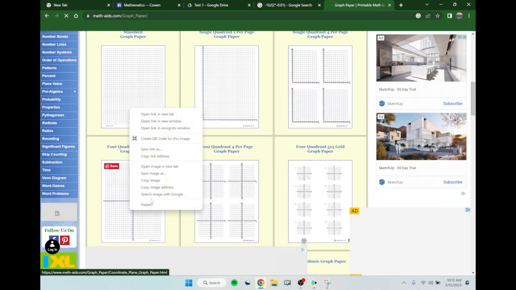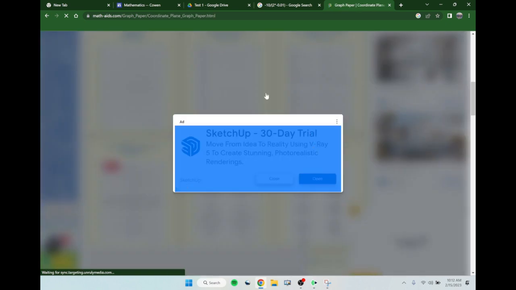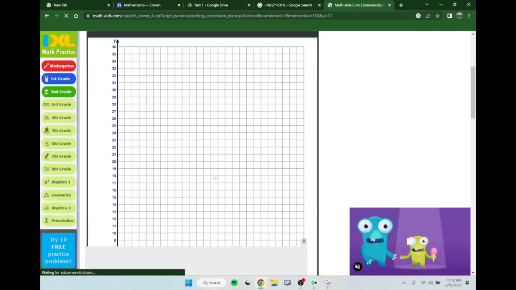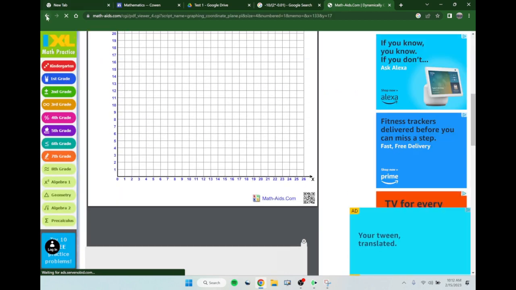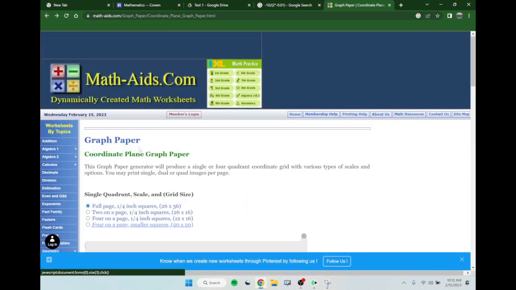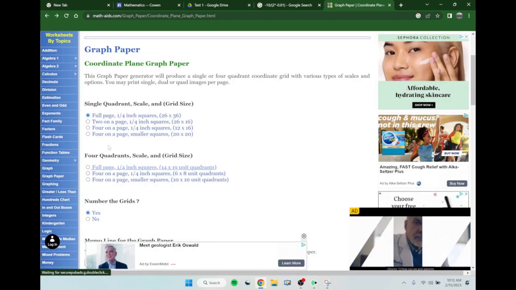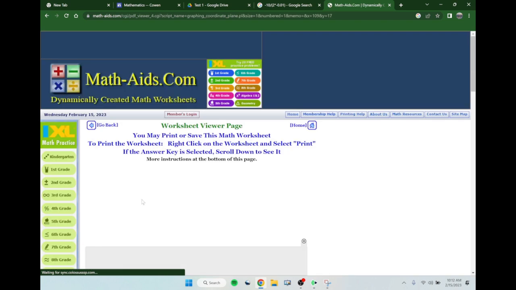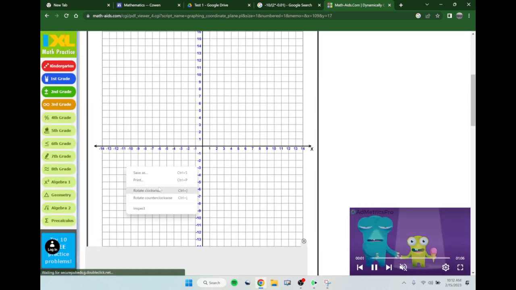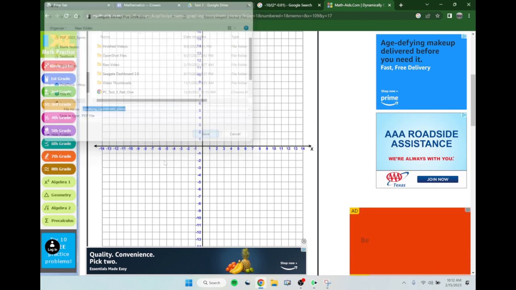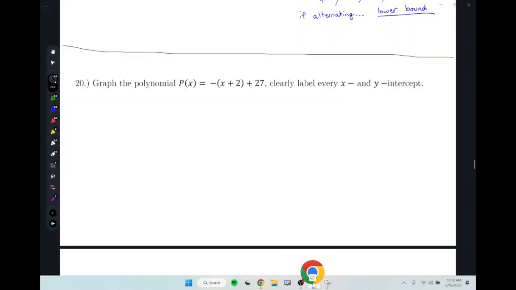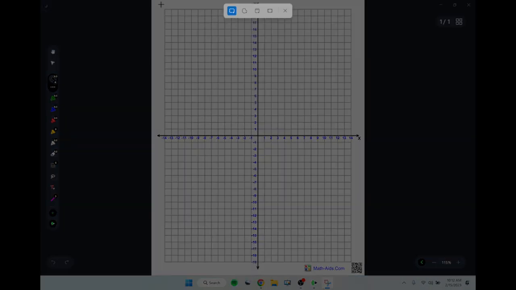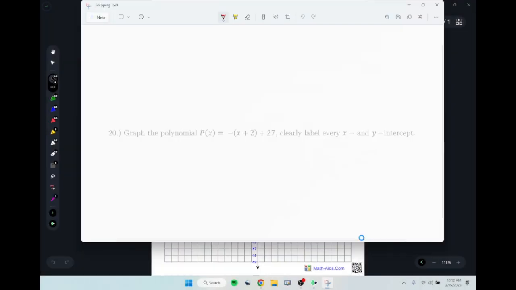Sorry. Why is life so hard sometimes? Remember the grids, full page. 4 quadrants, full page. There. Why not just take a screenshot of that blank one? That's what I'm about to do. Boop. There we go. Okay.